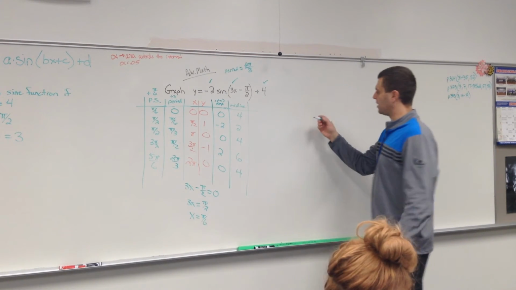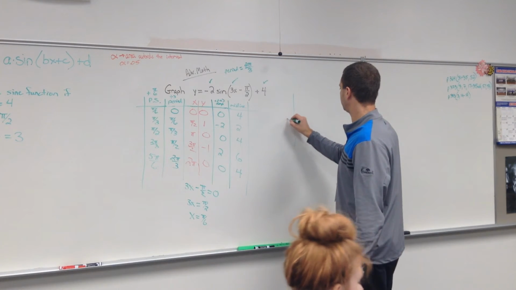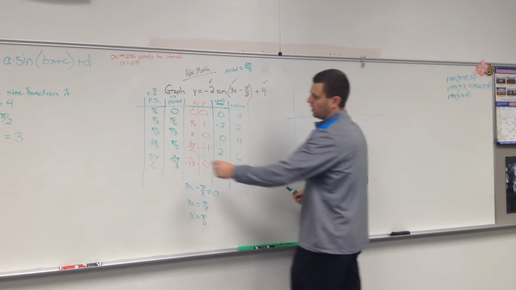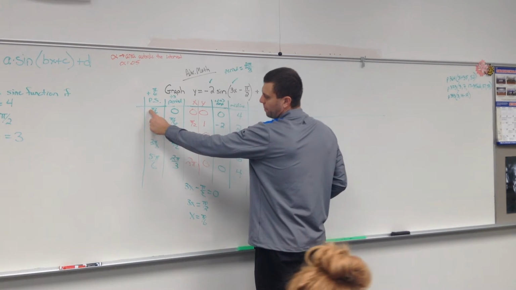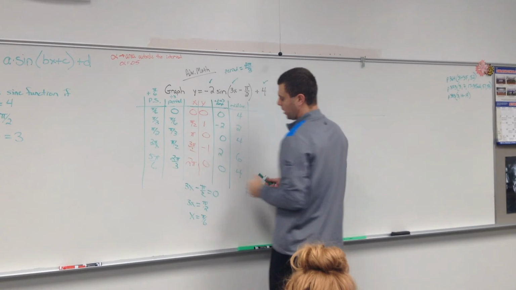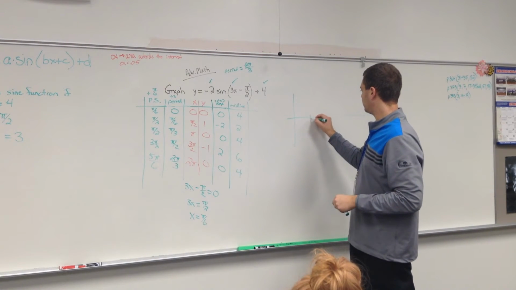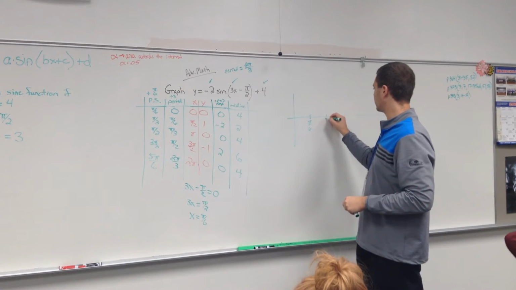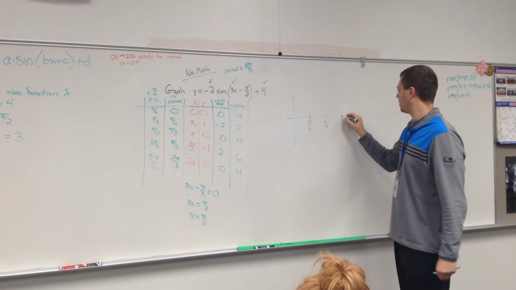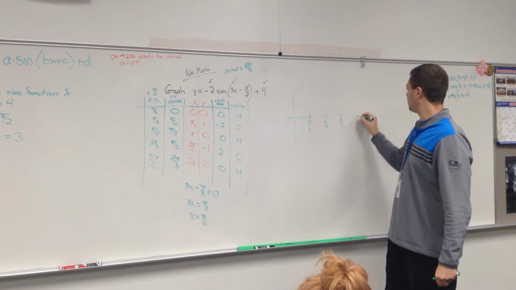So then, if I need to graph this, okay, looks to me like these are counting by pi's over 6, right? That's 1 pi over 6, that's 2 pi over 6, 3 pi over 6. So I can call that one pi over 6. The next one would be 2 pi over 6, or pi over 3, pi over 2.